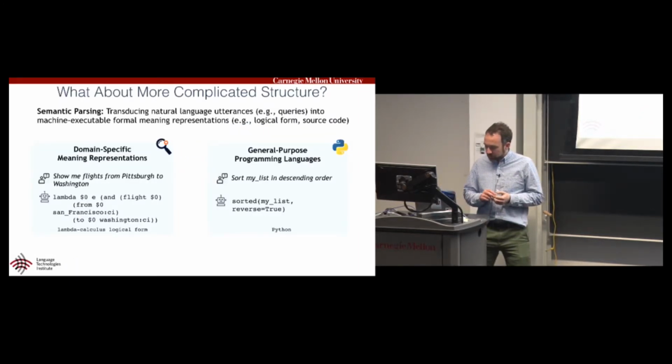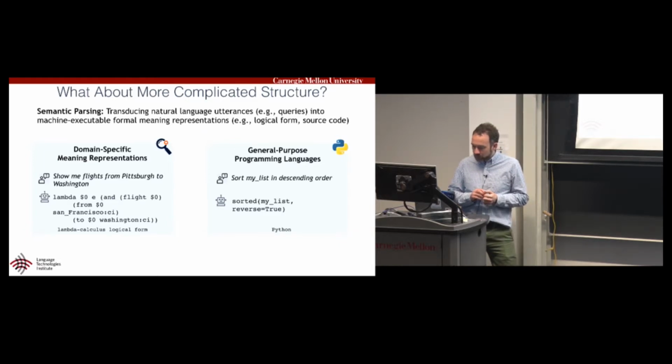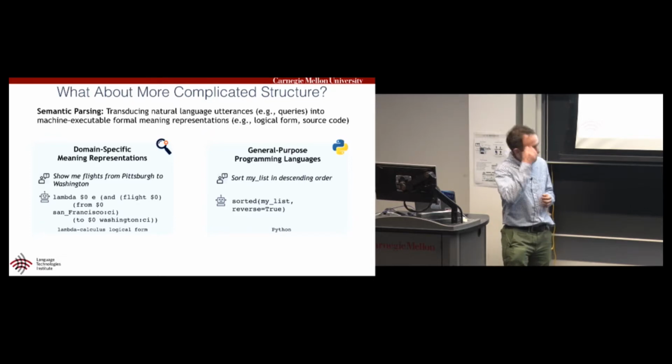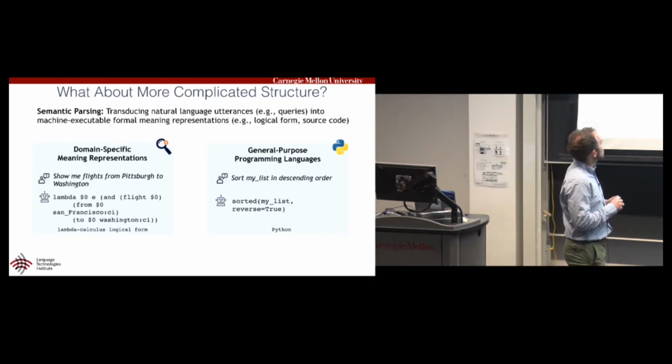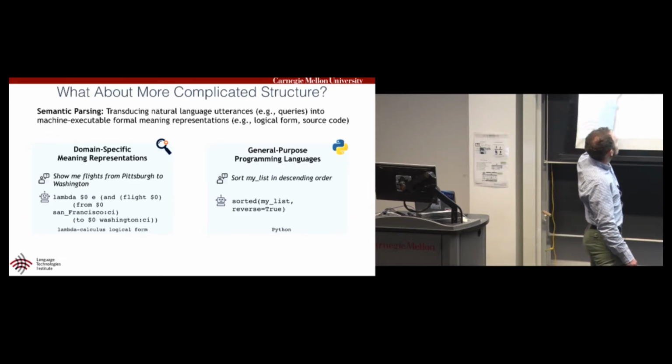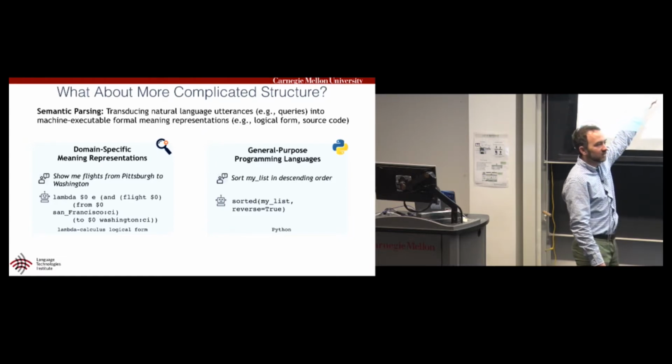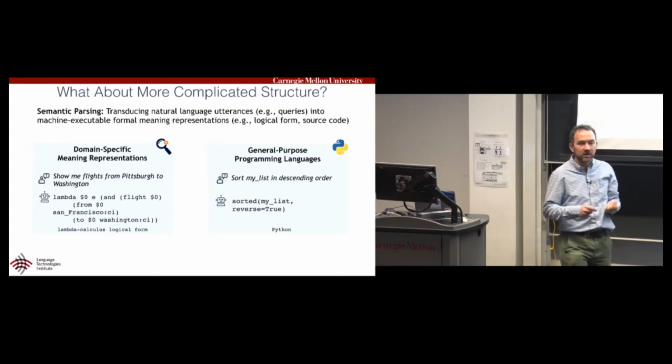Specifically, we're interested in more complicated structures, and the thing that we tested on was a task called semantic parsing. In semantic parsing, the idea is to go from English or any natural language to a structured output representation encoding the meaning of the language in a way that a computer can use it to process something.